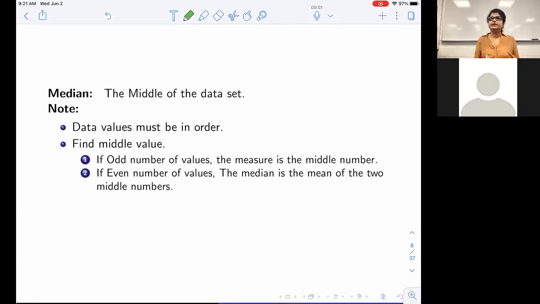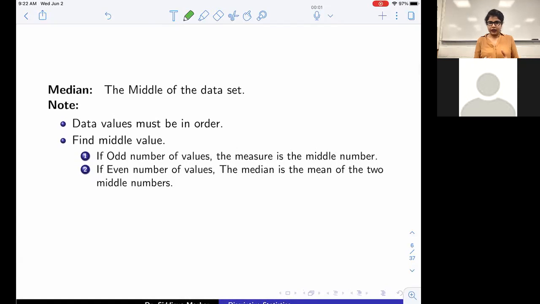The convention is to always write it in ascending order, smaller to larger values. Once you order the given data set, you can have two cases: an odd number of values, or an even number of values.